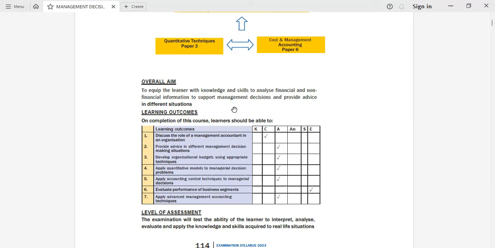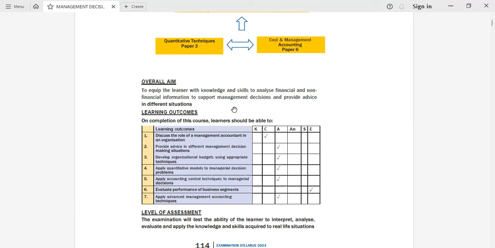That's why you find that these papers come after someone has done, maybe, financial accounting, to make sure that the knowledge you've got on the other side doesn't go to waste. It is applied even in the higher levels. And that's how the CPA course is.